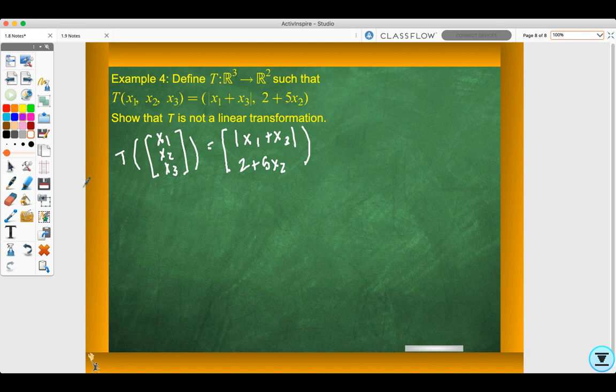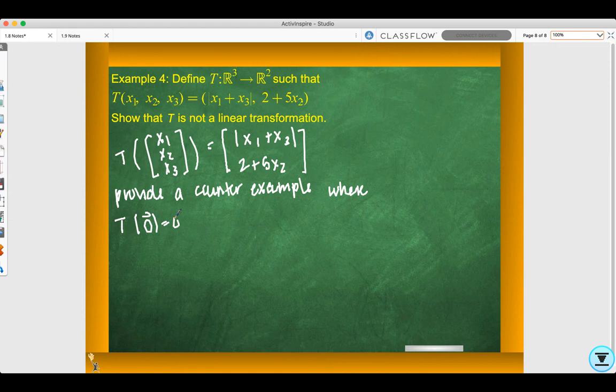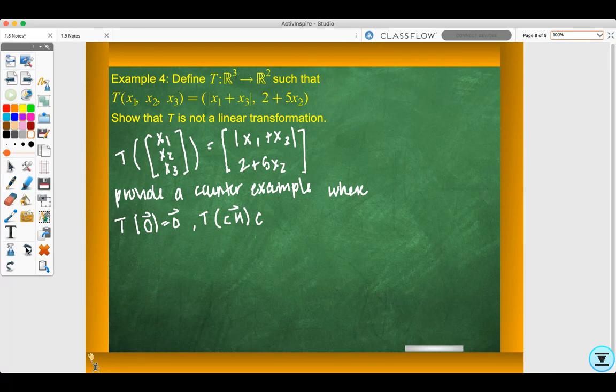One way that we could do this is we could provide a counterexample, where our transformation of 0 equals 0, our transformation of cu equals c times our transformation of u, or our transformation of u plus v equals our transformation of u plus our transformation of v.